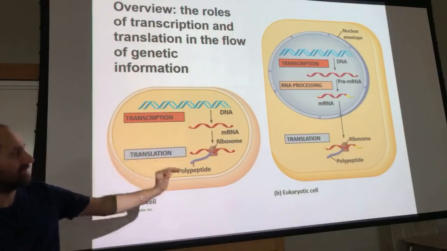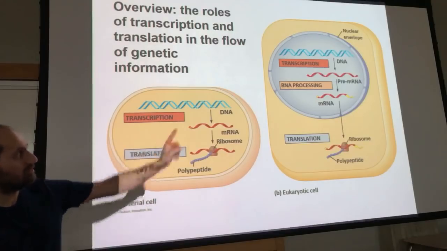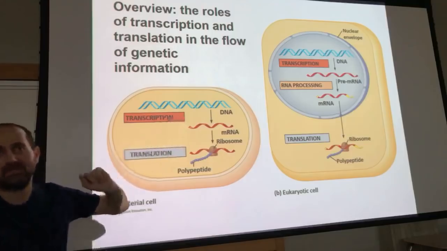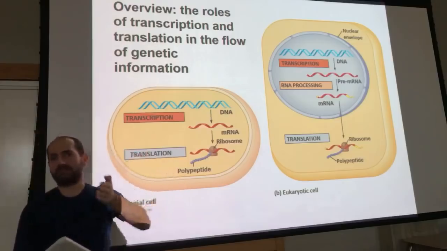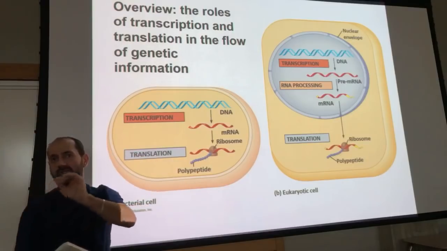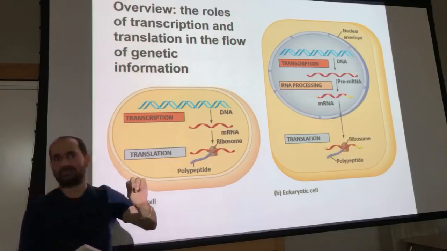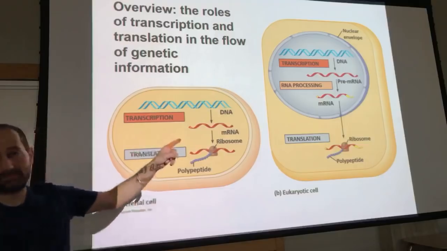Translation happens second in the cytoplasm. And not only that, look, you have an extra step between the two. You have RNA processing. Remember those three modifications? 5' cap, 3' poly-A tail, and excision of the introns, removal of the intron information. Remember that? That only happens in eukaryotes.